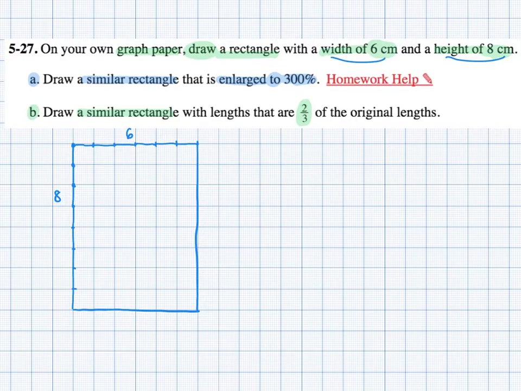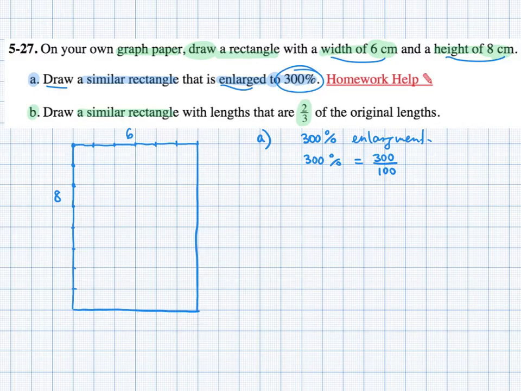Now for example A, our job is to draw it enlarged to 300%. So let's talk about that. What does 300% really mean? 300% is the same as 300 over 100.